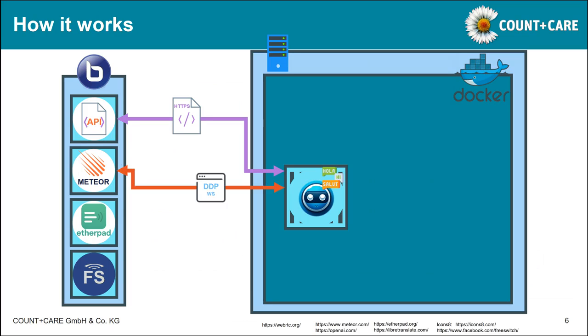I think every developer here has already used this API. Then BigBlueButton is developed in Meteor, so it's using a WebSocket connection between the browser and the server. And over this WebSocket connection, there's a protocol called DDP, which my bot needs to use to communicate with the BigBlueButton server, so it can write something into the chat, read the chat, and do almost everything a normal user can do on BigBlueButton.